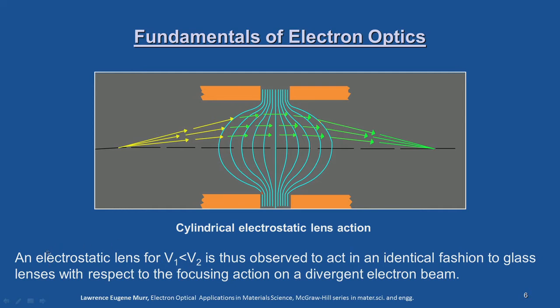So, an electrostatic lens with V1 less than V2 is observed to act in an identical fashion to glass lenses with respect to the focusing action on a divergent electron beam. This is what is clearly demonstrated in this schematic.